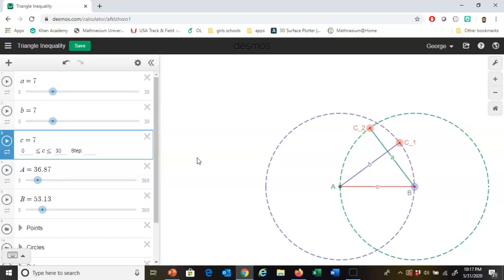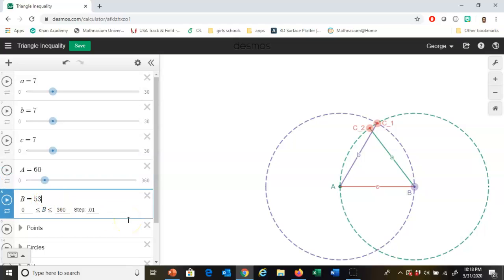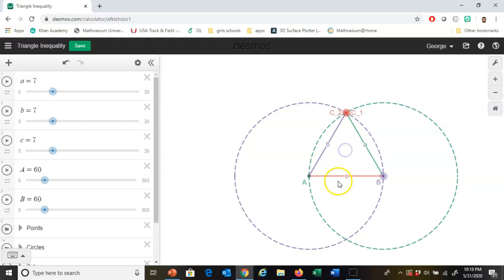If it's equilateral, then all of the angles also have to be the same. And if they add up to 180, each one has to be 60. So let's get these two 60-degree angles in here. And I feel pretty good about C1 and C2 falling on exactly that same point right there. That looks like a pretty good equilateral triangle.